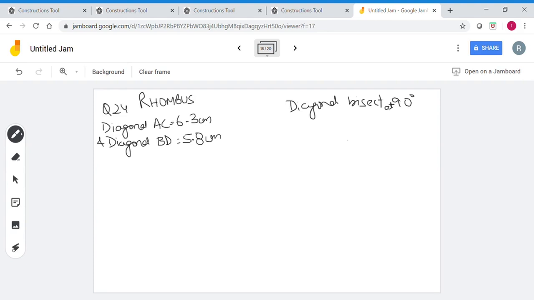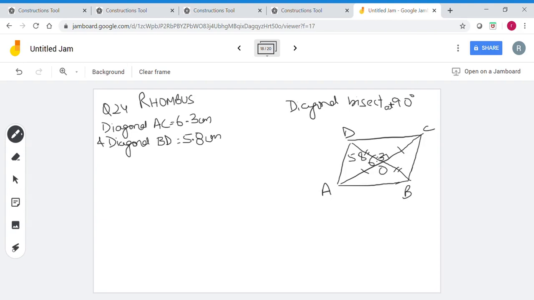So this is my rough diagram of a rhombus. One diagonal is 6.3, the other diagonal is 5.8, and they bisect at 90 degrees. So this and this is equal, this and this is equal. Let's name this A, B, C and D, and the point where the diagonals intersect, O.